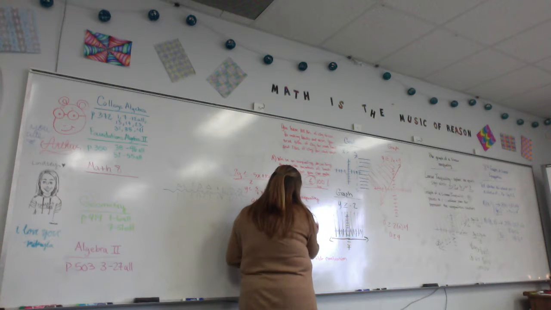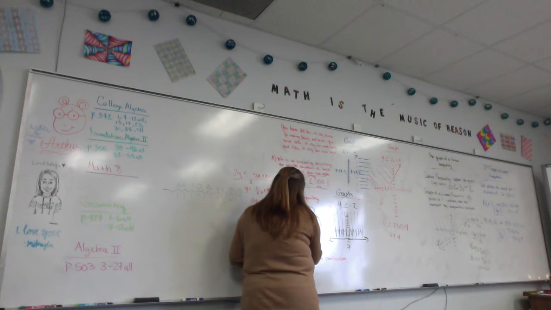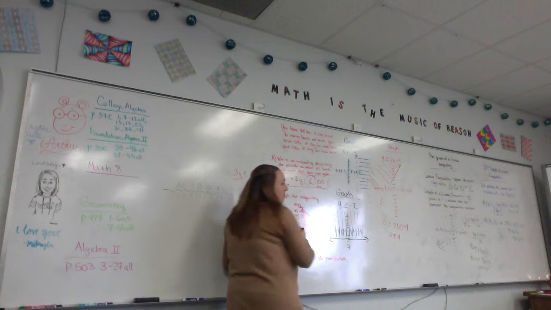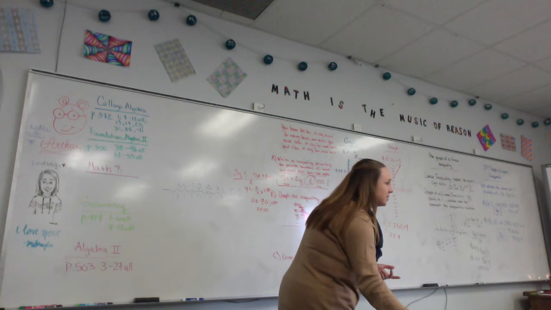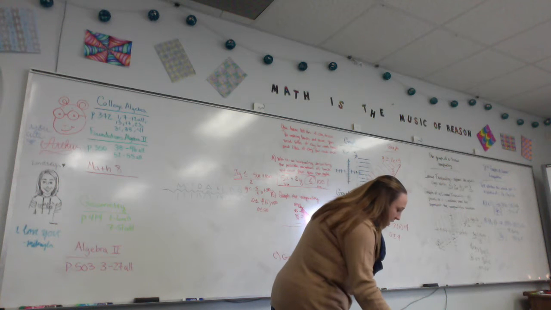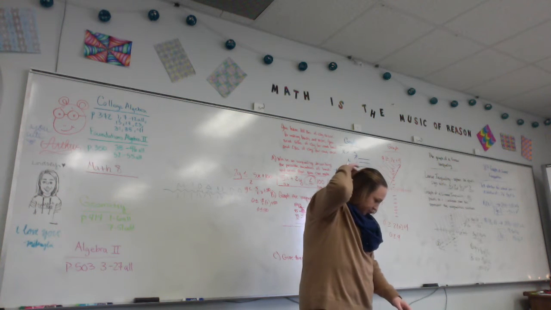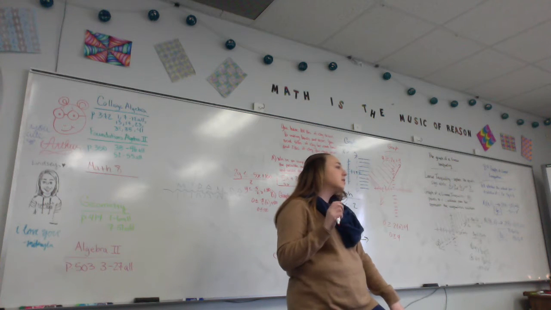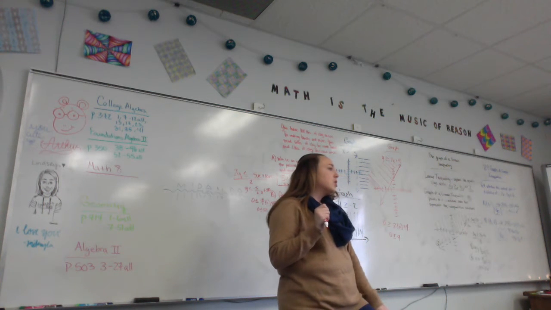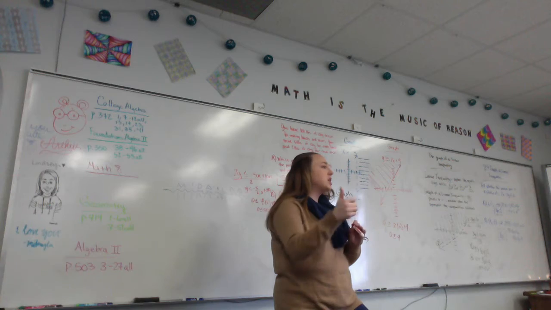If we're counting by 5s, it's probably going to be like 120 or something like that. Does that make sense? So you could do like that. You would pick 3 points inside that shaded area.